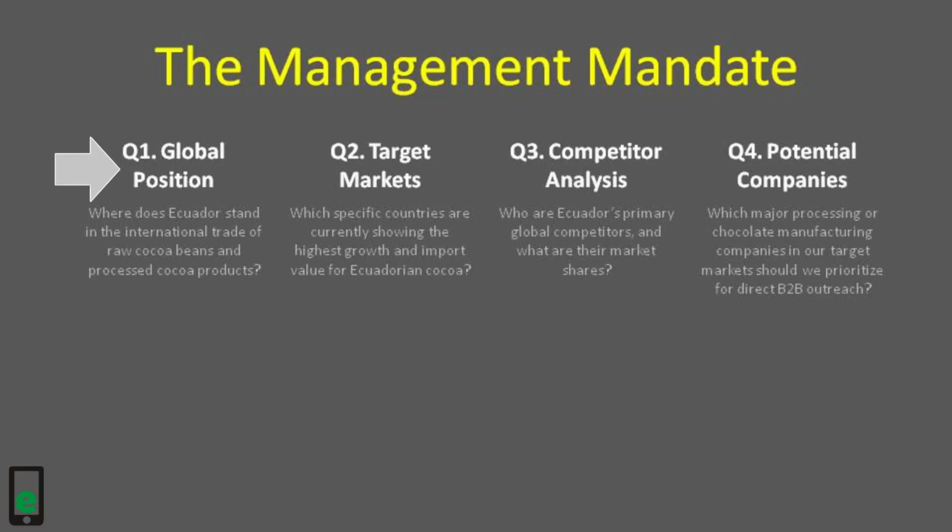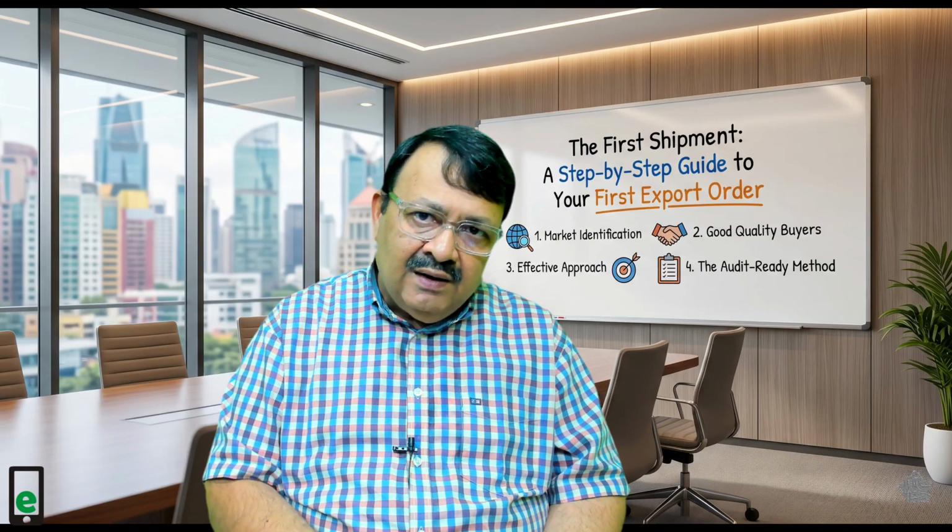The first question is to find out where Ecuador stands in the international trade of raw cocoa beans and processed cocoa products. They were into butter and liquor and especially beans, because the main volume is of beans, cocoa beans of better quality, better aroma, fine aroma, single origin.